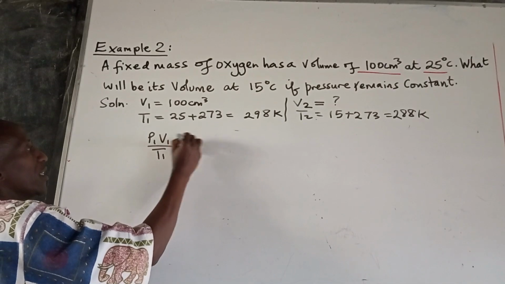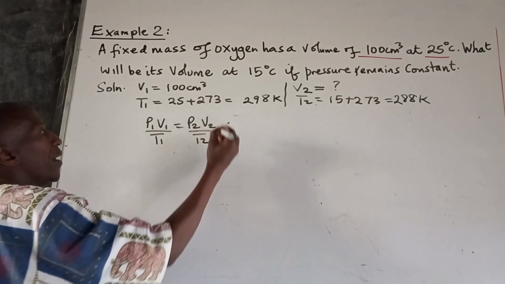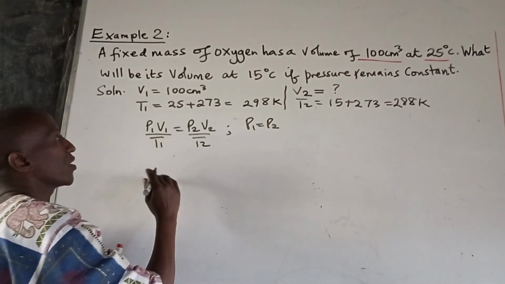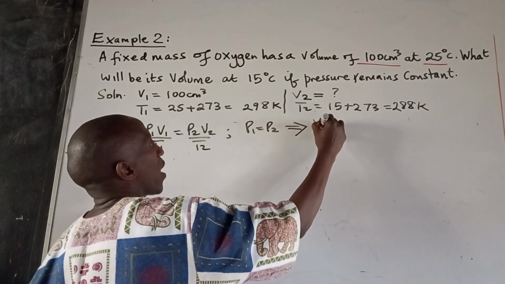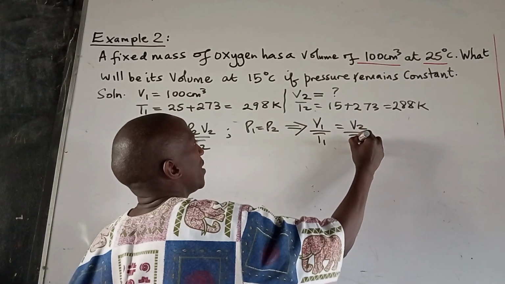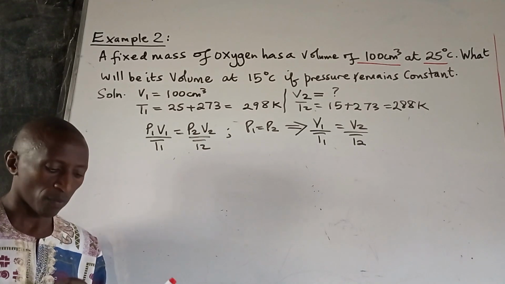over T1 is equal to P2 V2 over T2, where P1 is equal to P2 leads us to make the conclusion V1 over T1 is equal to V2 over T2, and basically that is Charles' law.